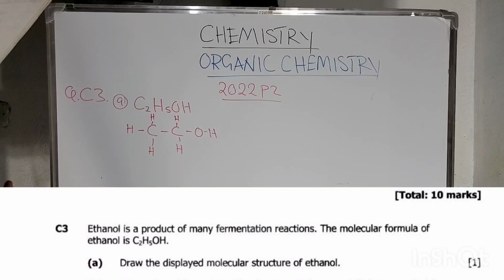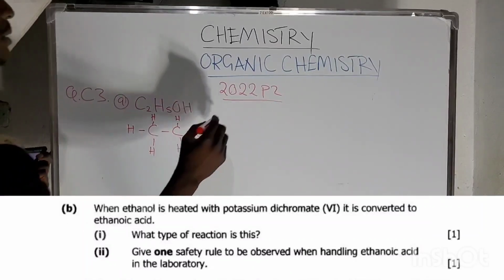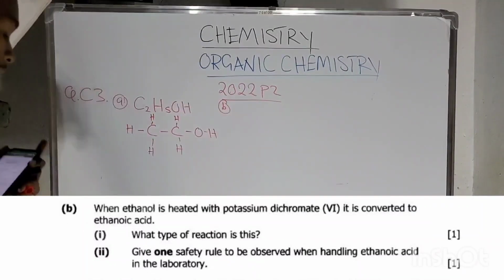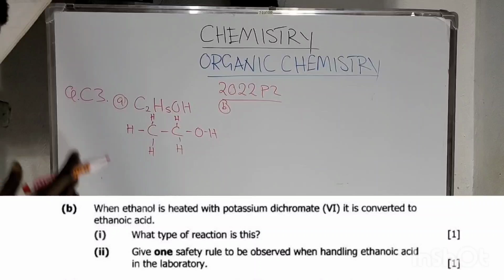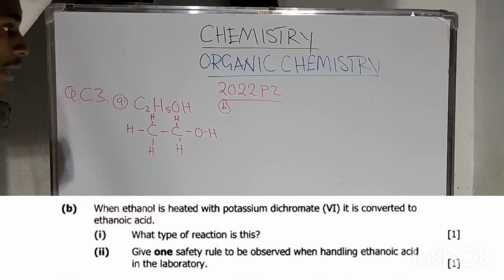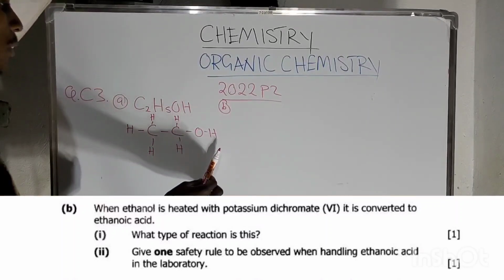Let's go to B. Question B is saying, when ethanol is heated with potassium dichromate, it is converted to ethanoic acid. Yeah, true. So, listen, ethanol undergoes oxidation.